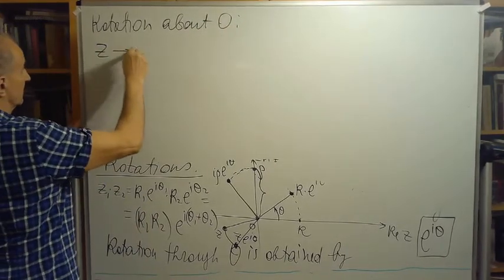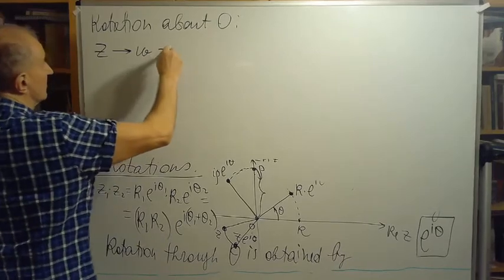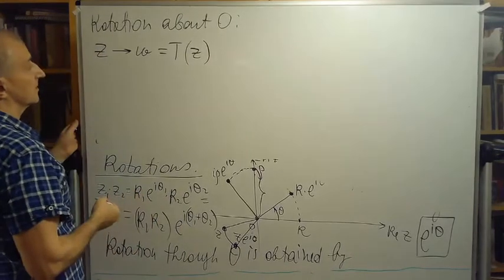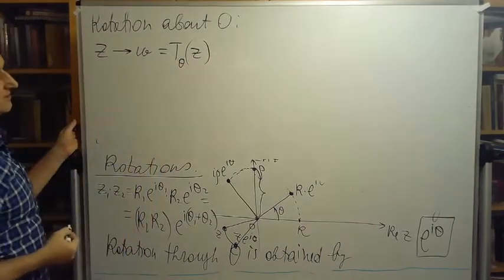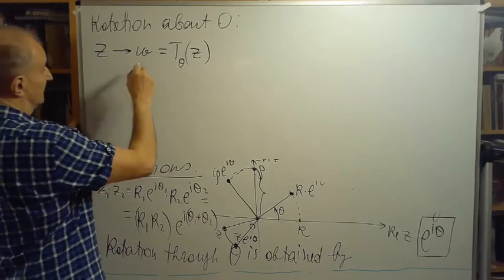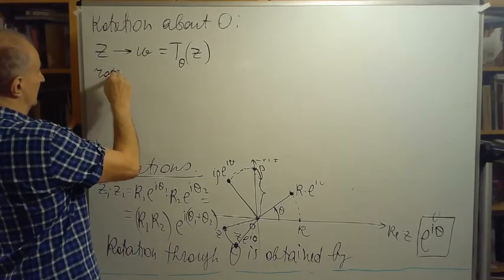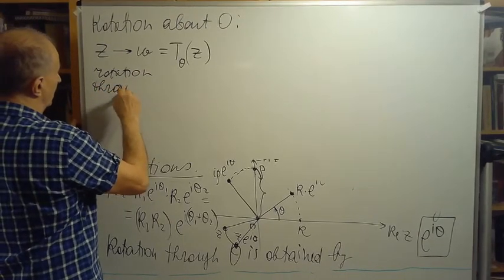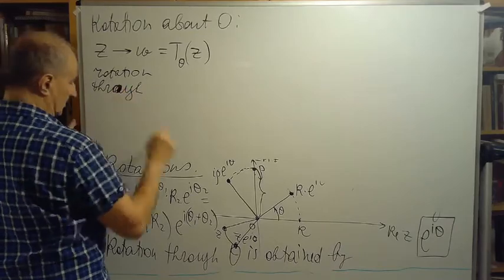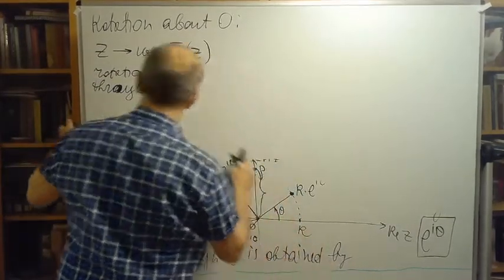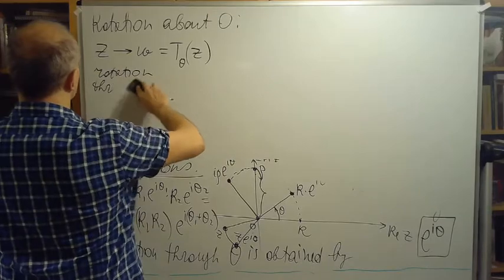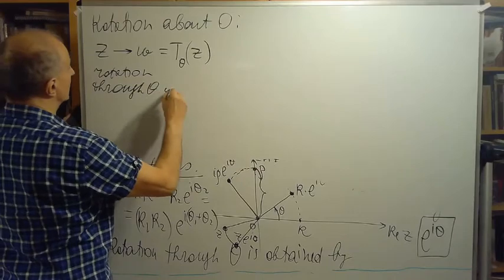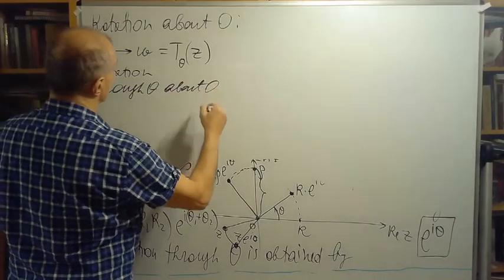Z is transformed into number W, let's denote it W, equal rotation applied to Z. I can write T theta of Z, rotation through angle theta about the origin.